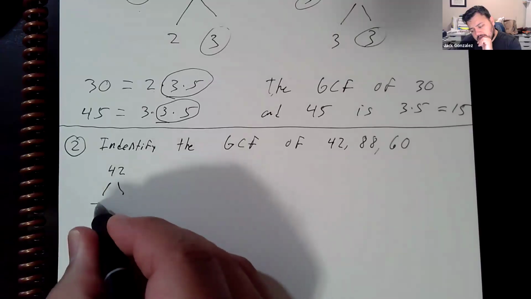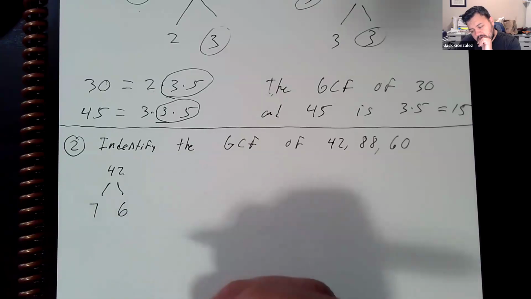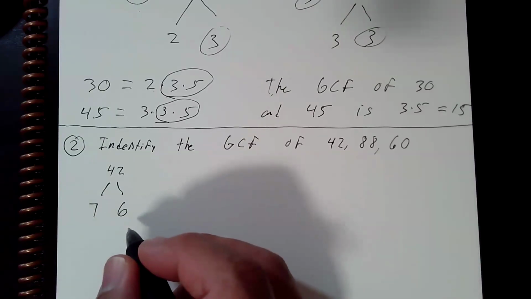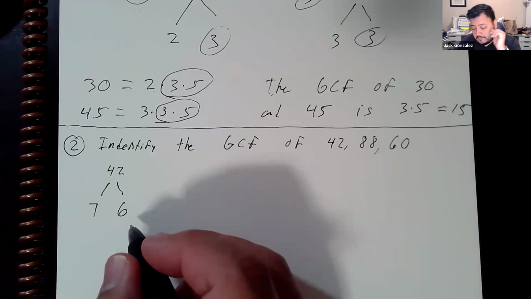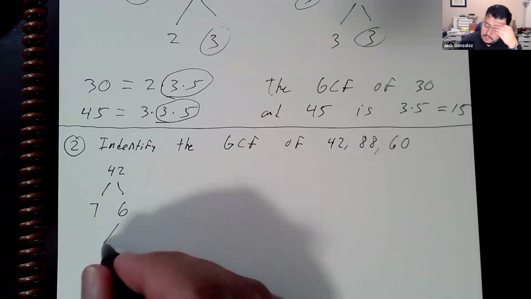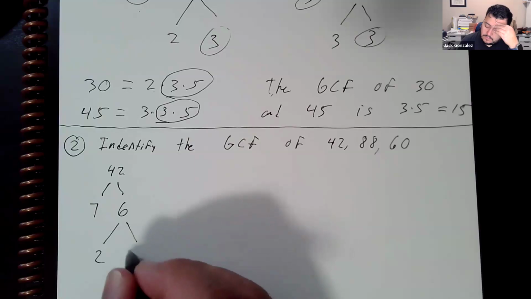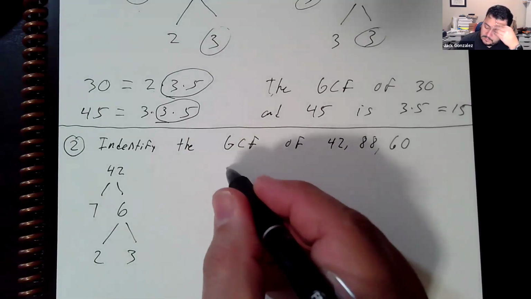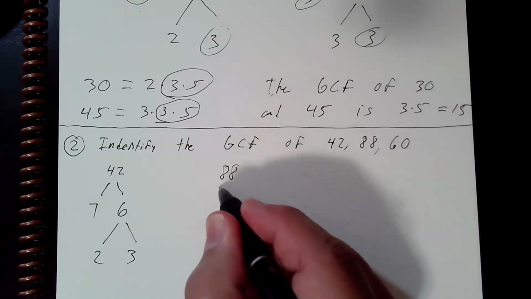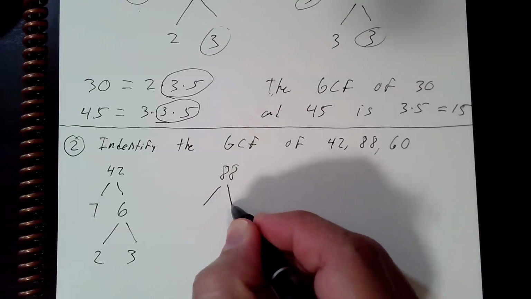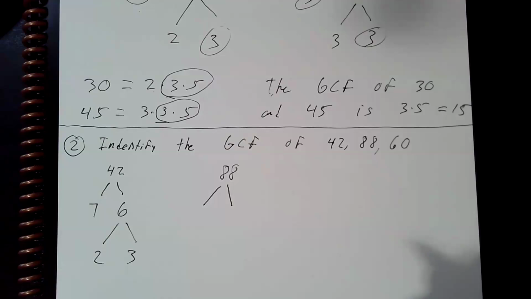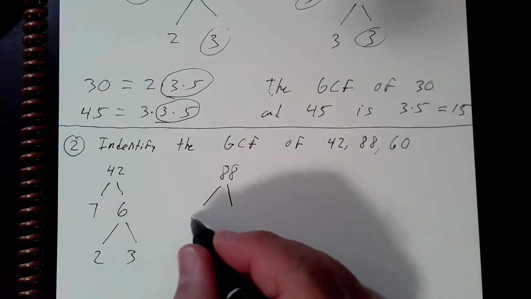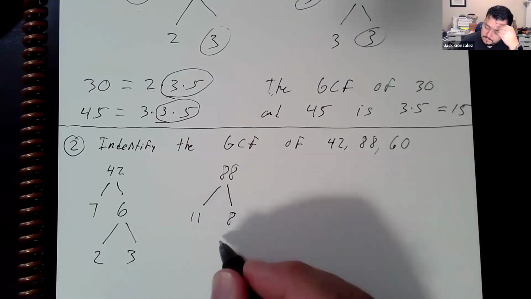It's close. 7 times 6, right? 7 times 5 would be 35. Yeah, 6. All right. What about 88? Do 8 times 11. Yeah, this is not too bad, right?